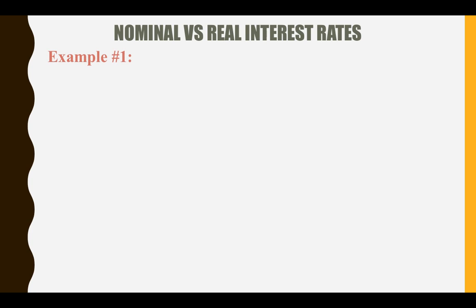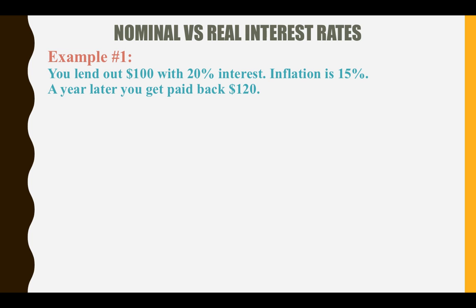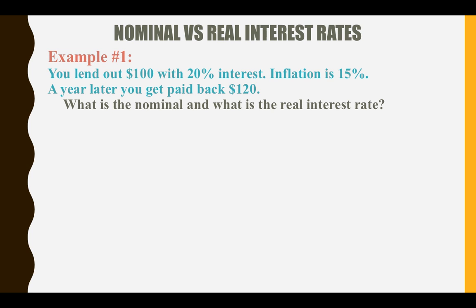Here we are again. Let's look at some examples. You lend out $100 with 20% interest and 15% inflation. A year later, you get paid back $120. What's the nominal and what's the real interest rate? Nominal interest rate is 20%.